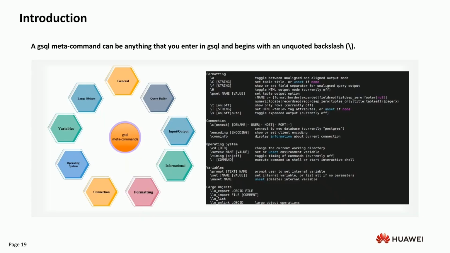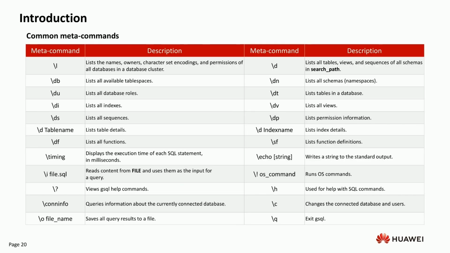A gsql meta command can be anything that you enter in gsql and begins with an unquoted backslash. This slide describes some common meta commands of gsql. For example, \d is used to display all tables, views, and sequences, \dt to display all tables, \df to display all functions, and \q to exit gsql.